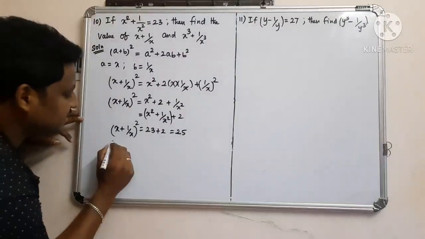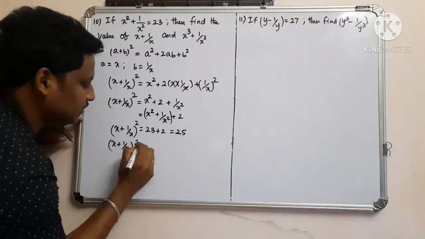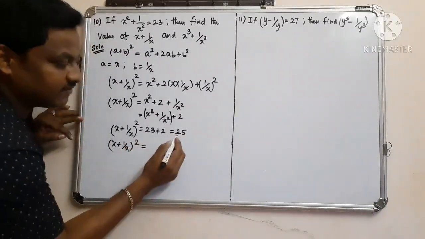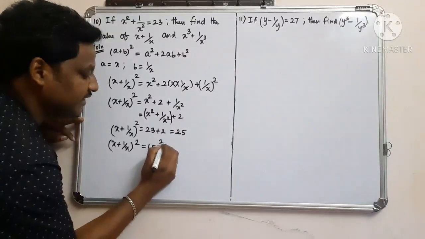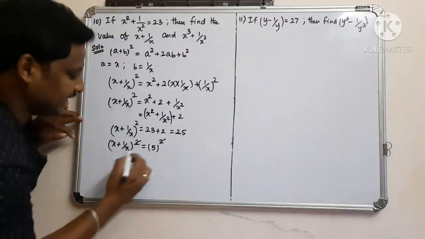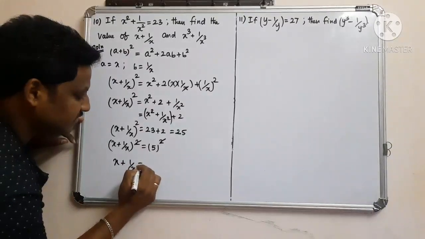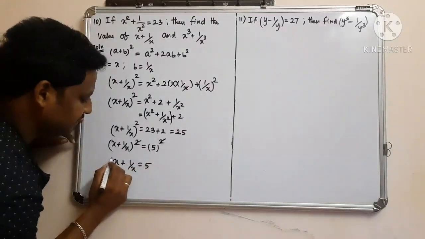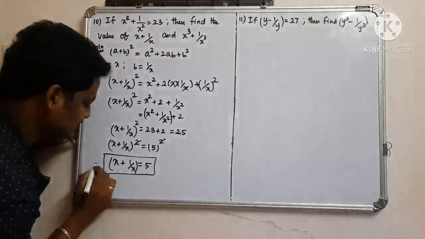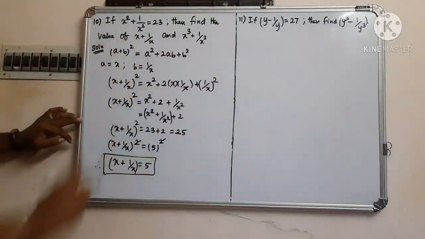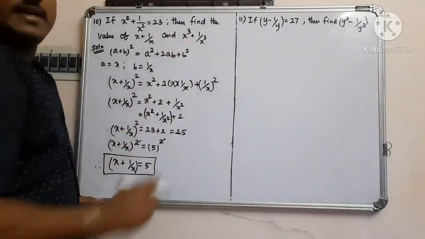So we can write this 25 as 5 square. 5 square is 25, so the square will be cancelled. So x plus 1 by x is equal to 5. So x plus 1 by x value is 5. Now we have to find out the value of x cube plus 1 by x cube.